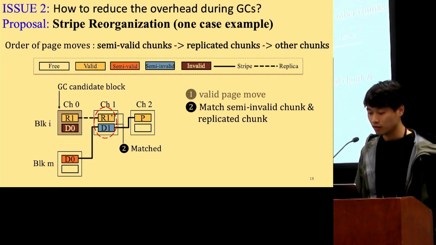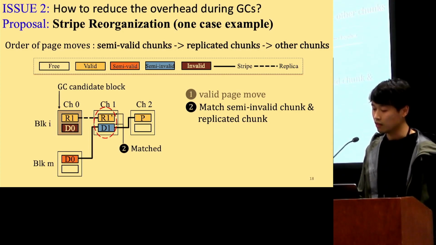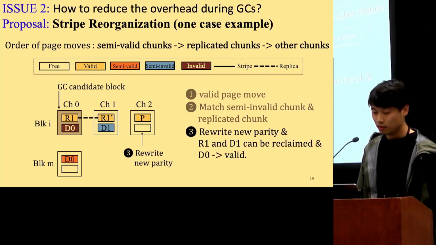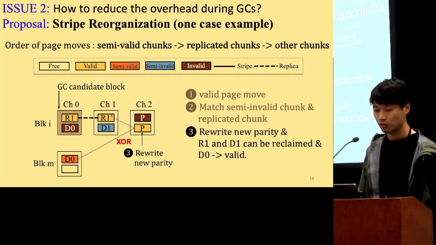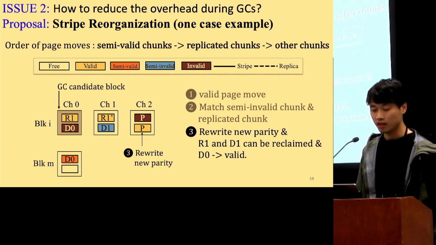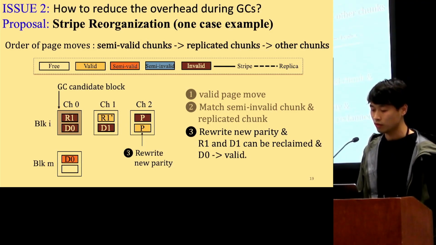Now the R1 prime and D1 are matched. Then the new parity should be rewritten. It recomputes the parity and writes the new one in the original channel of the parity. After that, the replicate chunk R1 and the semi-invalid chunk D1 can be set as really invalid, and this page can be reclaimed during the garbage collection.